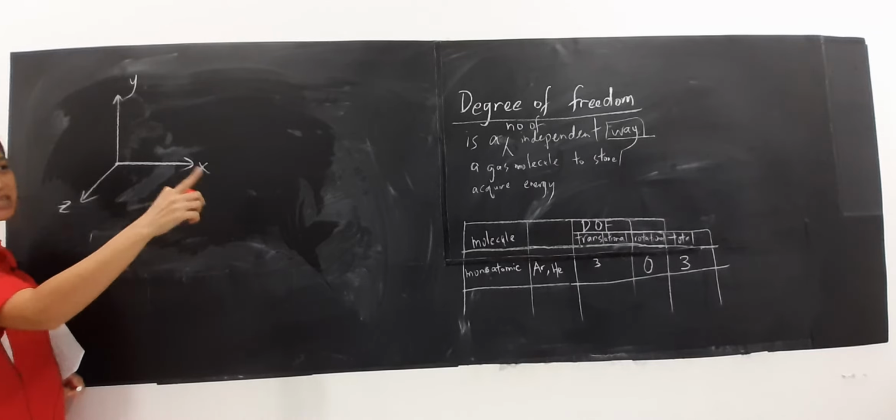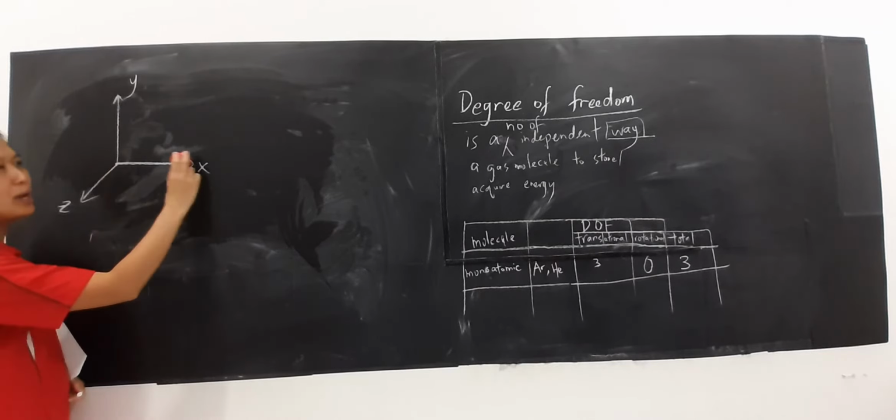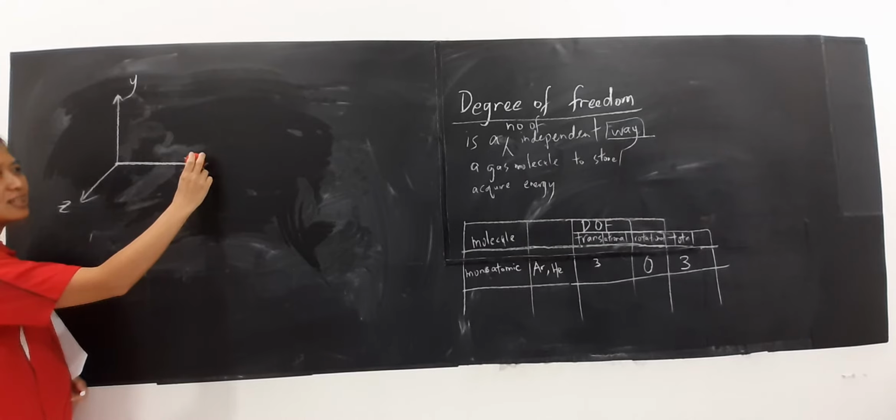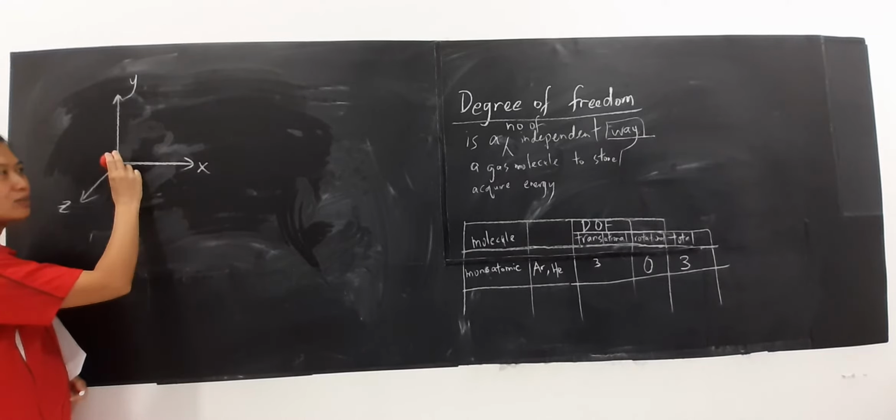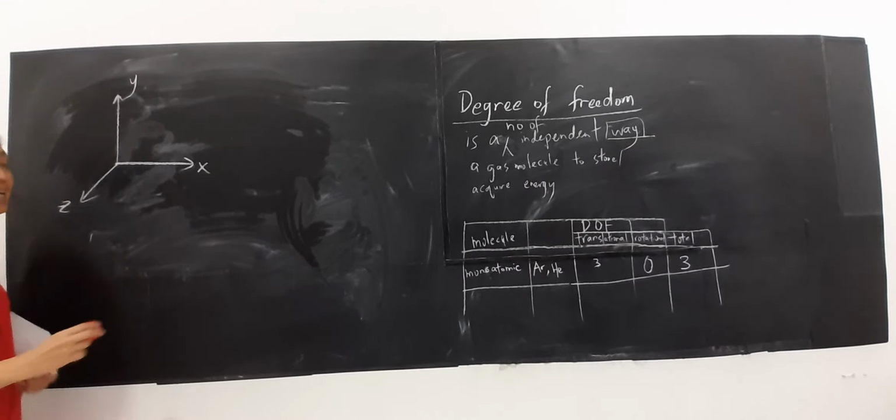The number of independent ways, this one will be the first way this monoatomic acquires energy.